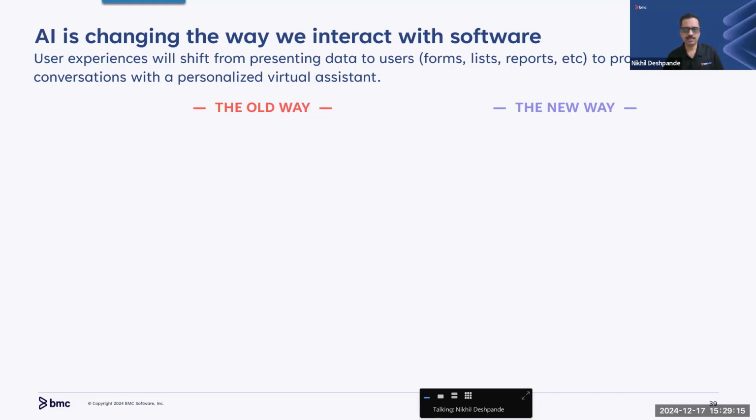AI is going to fundamentally transform how users interact, no longer that form filling and so on. A lot of interactions will shift to a conversational interface between a user and the AI system.